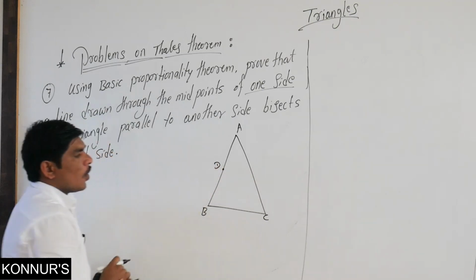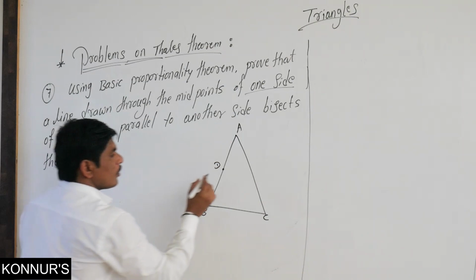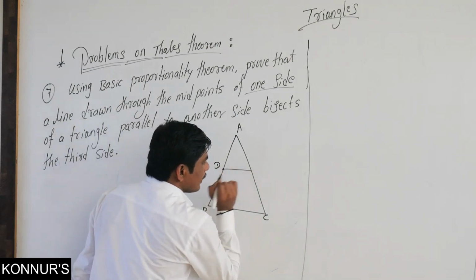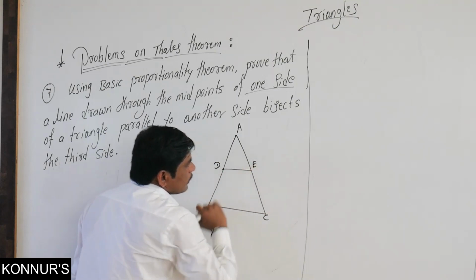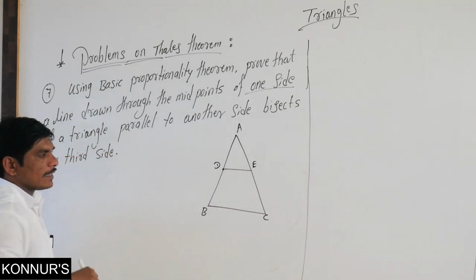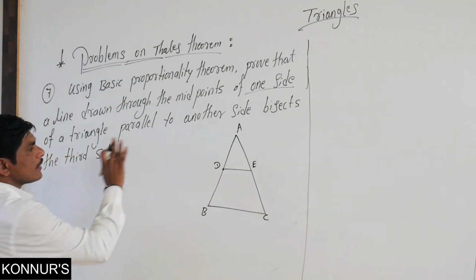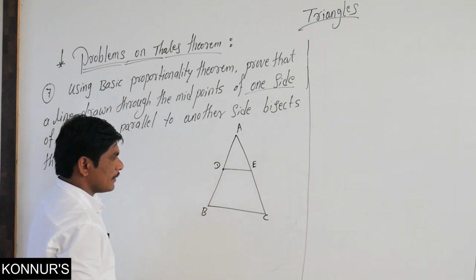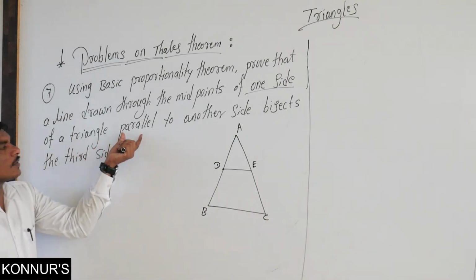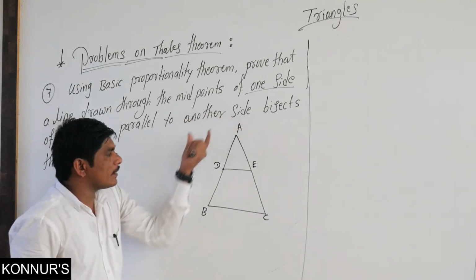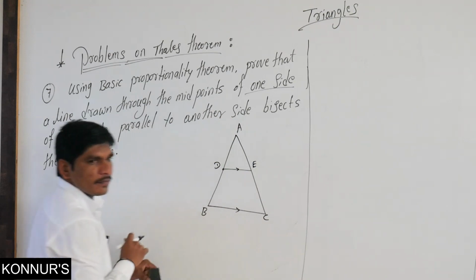On AB, I have considered D as a midpoint. Through this point I have drawn a line that reaches AC at E. According to the statement, we are constructing this figure. One more given is that the line is parallel to another side, that is, DE is parallel to BC.